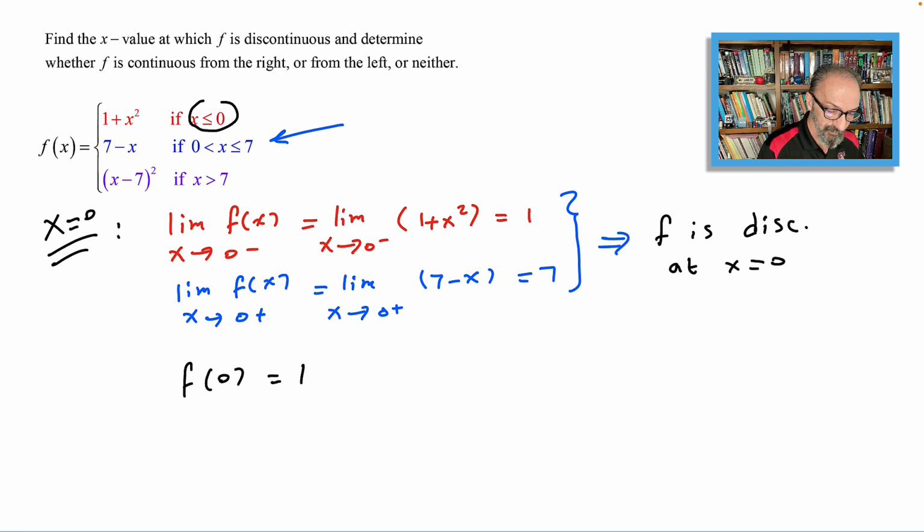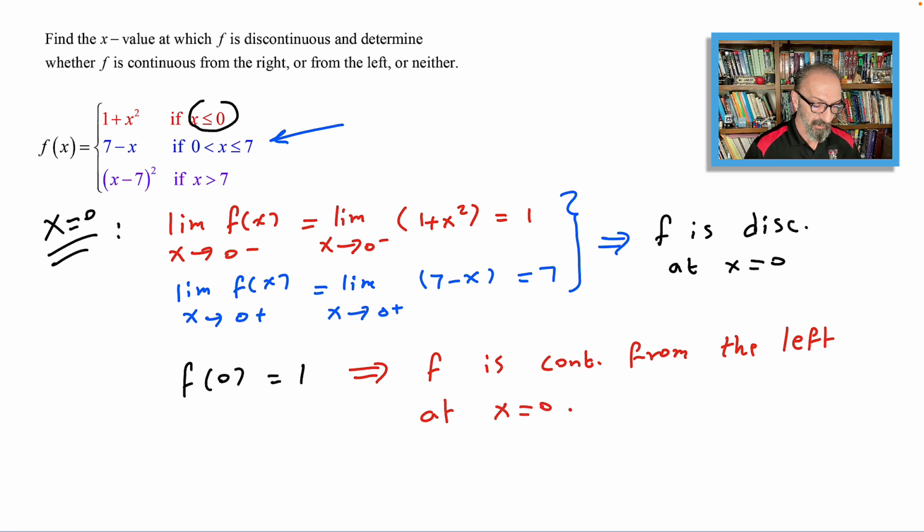That says, from what we have so far, that f is continuous from the left at x equals 0, because from the left it's 1, and at the point x equals 0 is also 1.